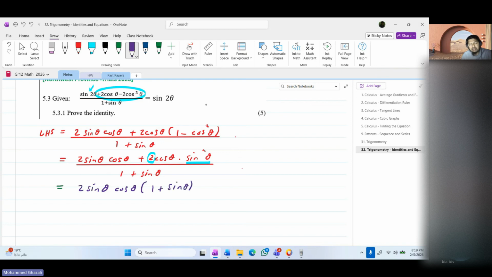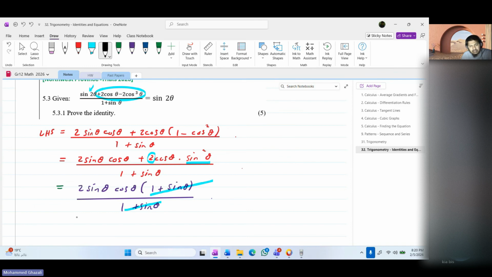Obviously, because the bottom needs to cancel out, we're kind of cheating here. So 2 sine theta cos theta times 1 is that. And then you got 2 sine squared theta cos theta. I have to open it up to check if I'm getting the terms on the top. Yes, I am. And then dividing it by 1 plus sine theta. Now guess what? 1 plus sine theta cancels out.